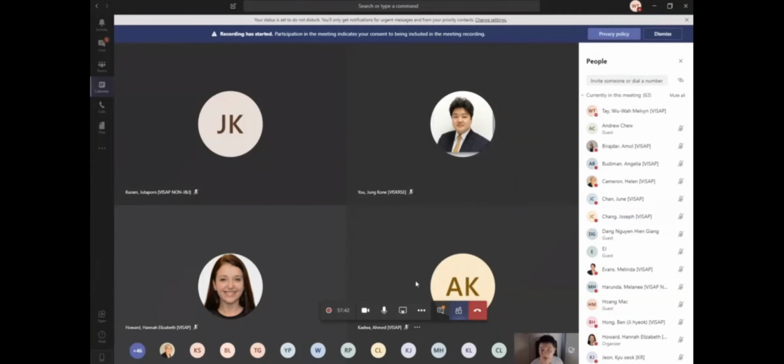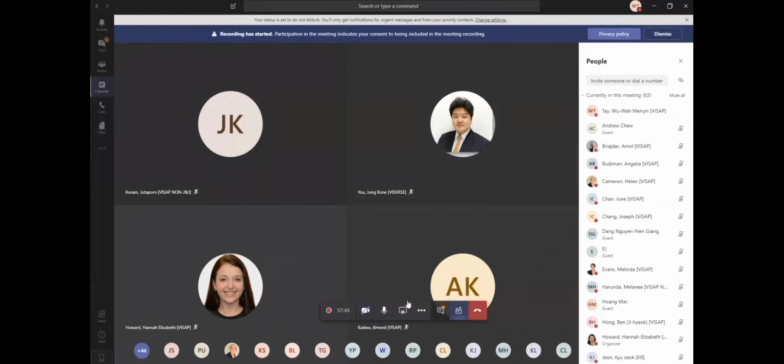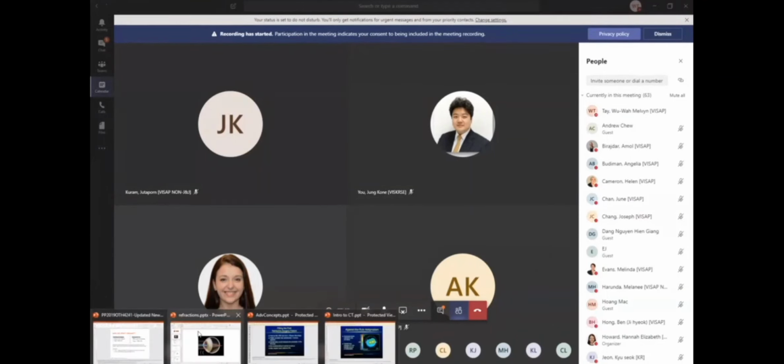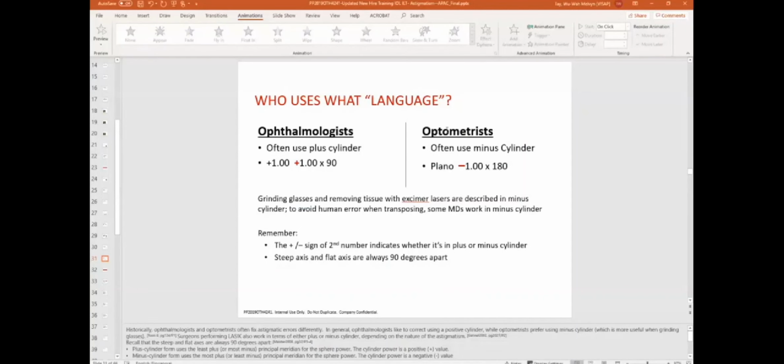But what is important to understand is that whenever you're using plus cylinder, it shows you where the steep axis is. Plus cylinder represents the steep axis at 90 degrees.